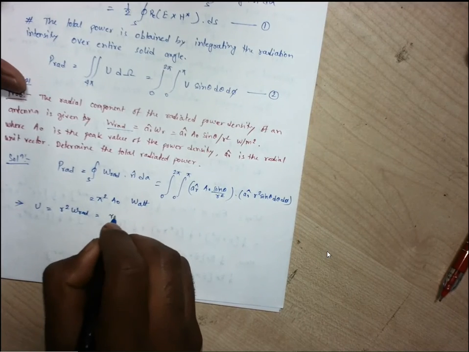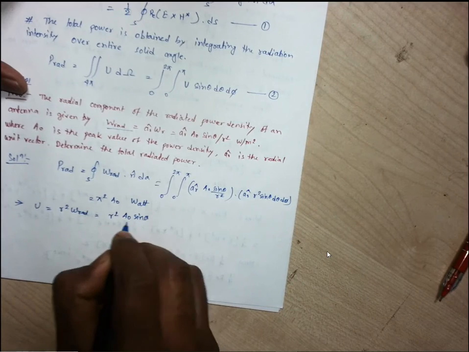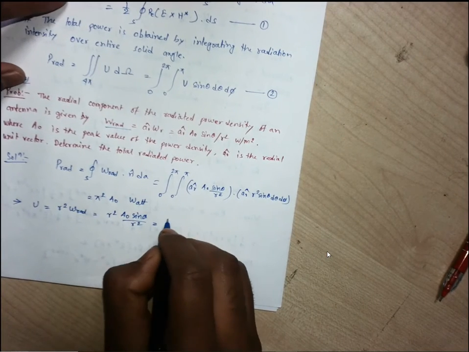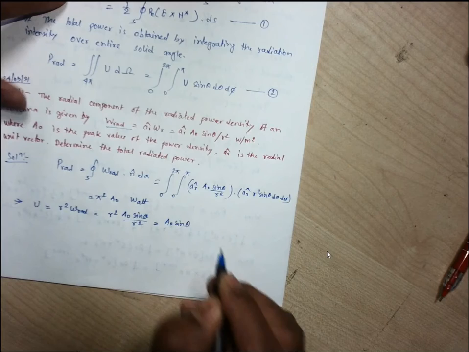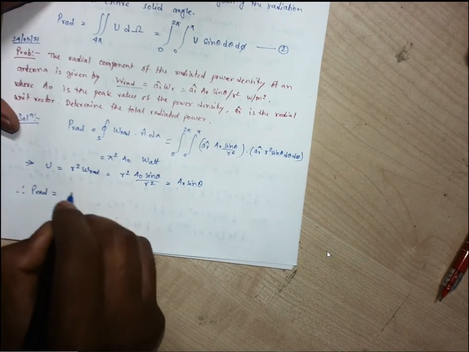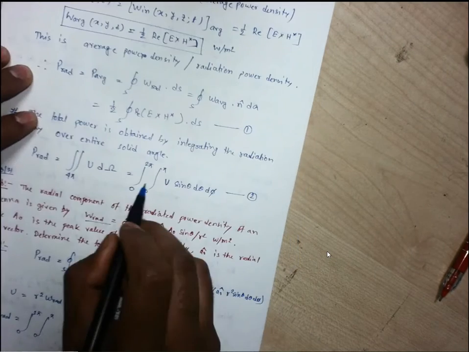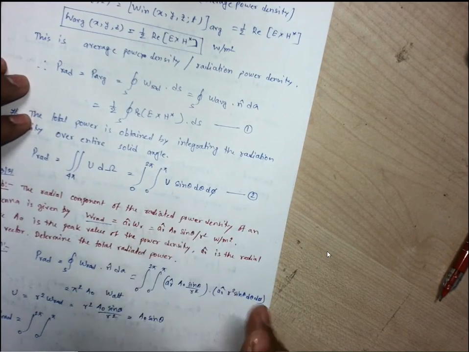So R square times W rad, where W rad is A naught sin theta by R square, gives A naught sin theta. Therefore P rad is the integral from 0 to 2 pi and 0 to pi of radiation intensity into sin theta d theta d phi. The radiation intensity is A naught sin theta, into sin theta d theta d phi.